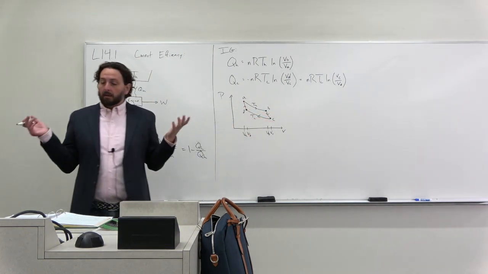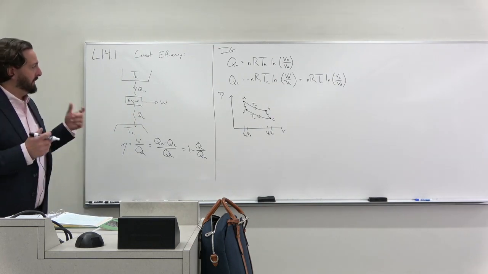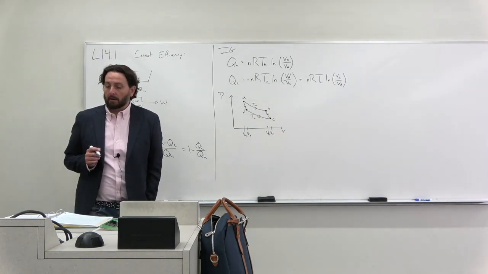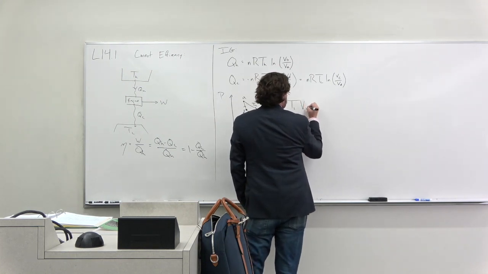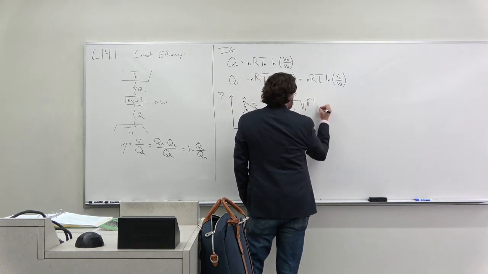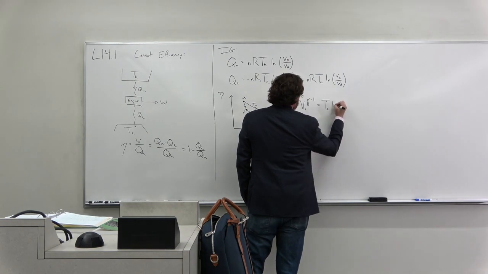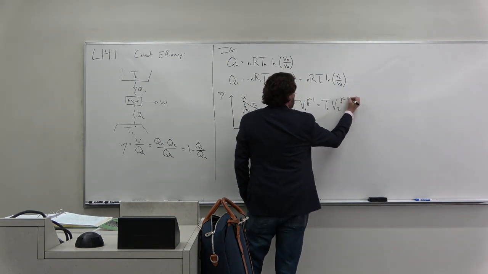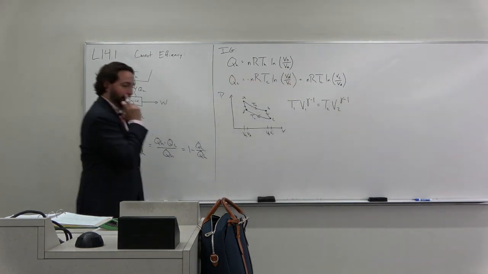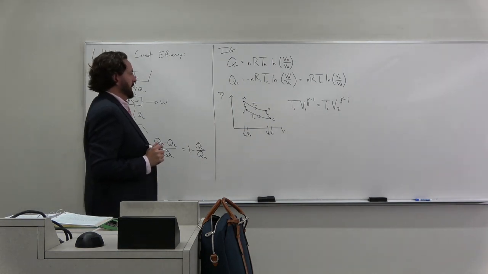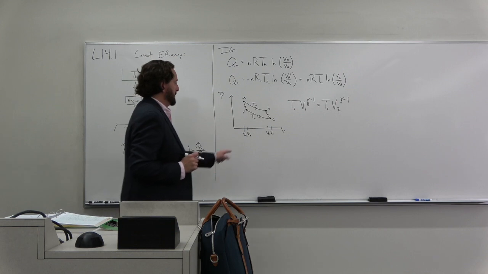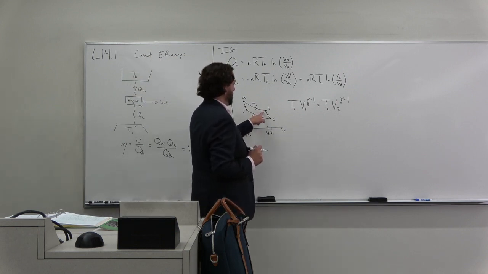And we have their volumes, so we can actually write down our equation for an adiabat, which was T1 V1 to the gamma minus 1 equals T2 V2 to the gamma minus 1. Okay, so let's do this one here, right?